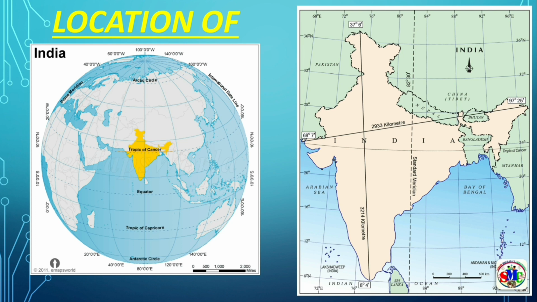India lies in between 68 degrees 7 minutes and 97 degrees 25 minutes eastern longitudes and 8 degrees 4 minutes and 37 degrees 6 minutes northern latitudes. That is the grid of India. India is exactly located in between these longitudes and latitudes.